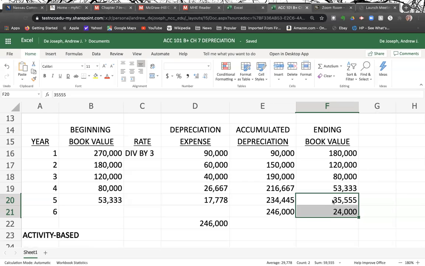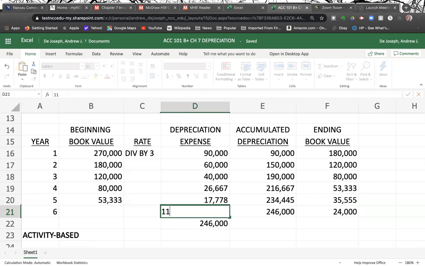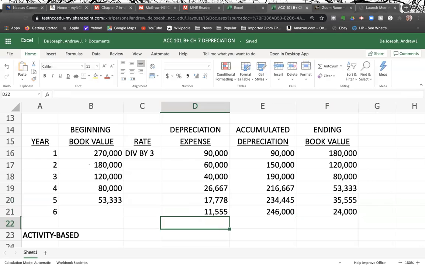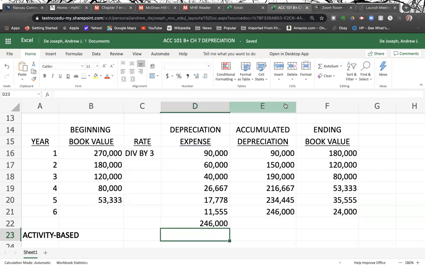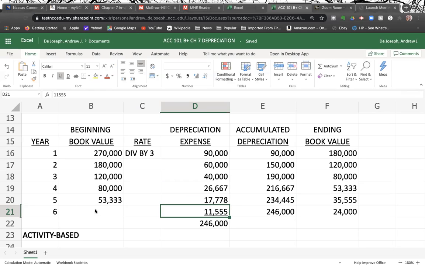Because you could see here, 35 minus 24 is 11. 11,555, okay? Now, let's see if that adds up to 246. Okay, so I'm pretty sure that that's right. And that's a crazy, crazy thing, right? It's a crazy situation.